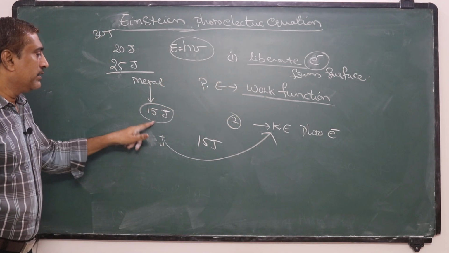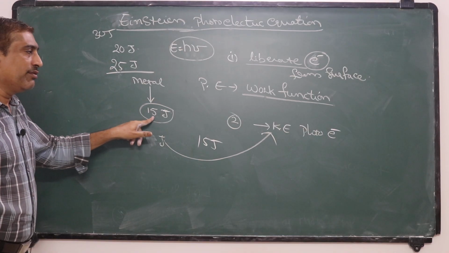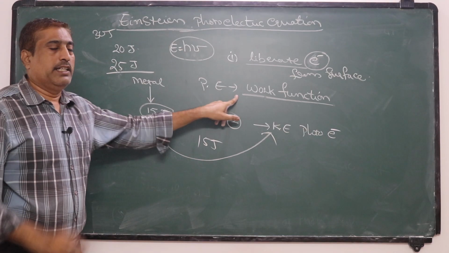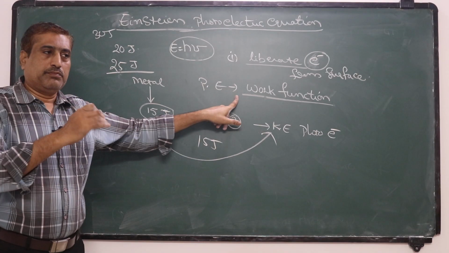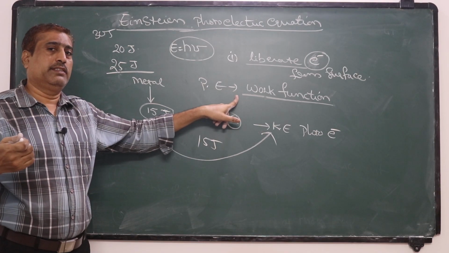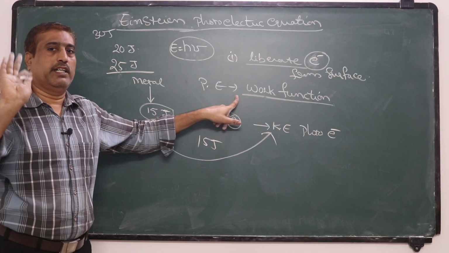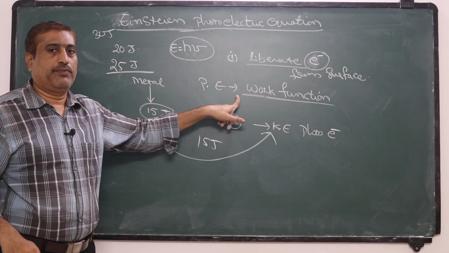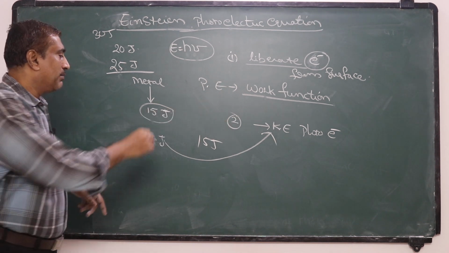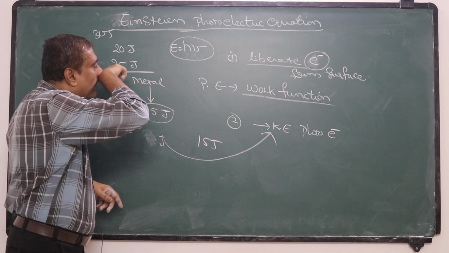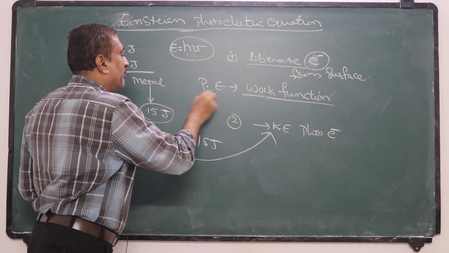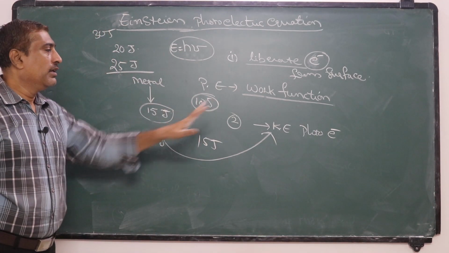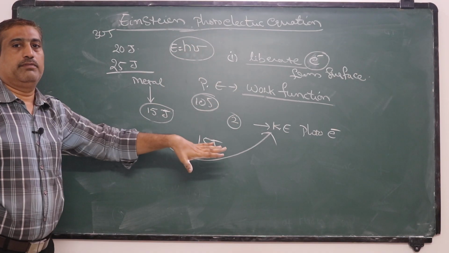Okay. That means if we give an energy equal to 15 joule, the electron just emits from the surface, but its kinetic energy is 0. If we supply photon energy of 10 joule, then photoelectrons are not emitted.